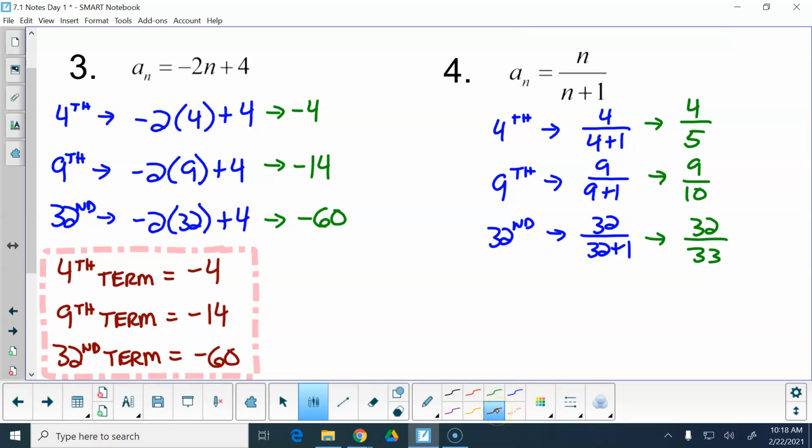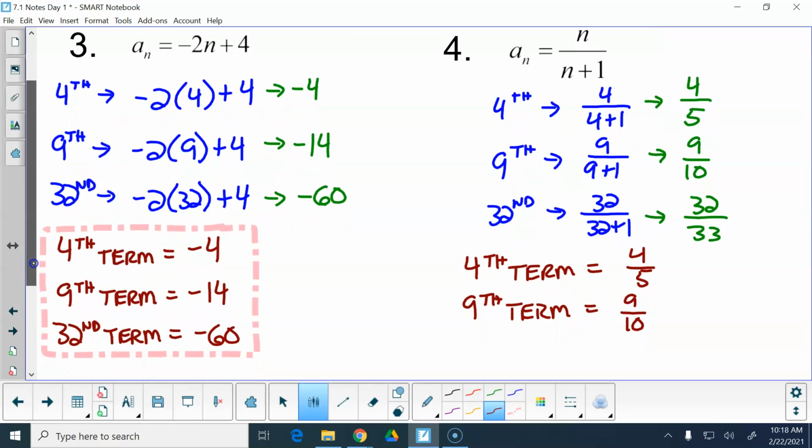So again, I would write that out as my 4th term is 4/5. My 9th term is 9/10.